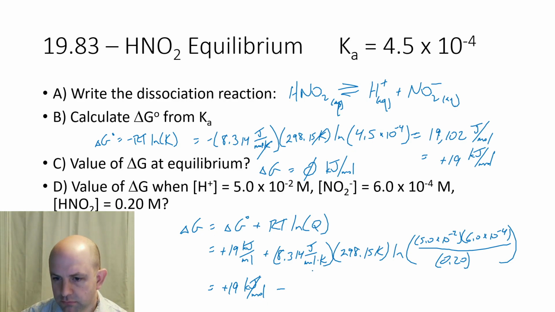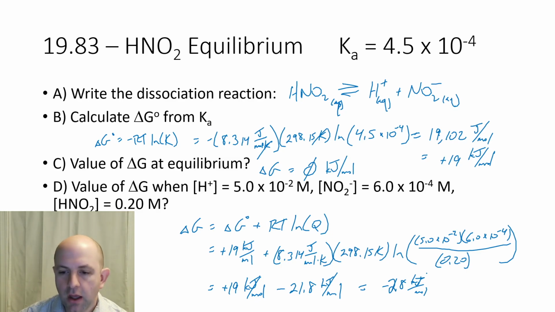Well, actually it would be 3 because for the natural log, the first number doesn't count, but whatever. Minus 21.8 kilojoules per mole. This is going to equal a negative 2.8 kilojoules per mole.